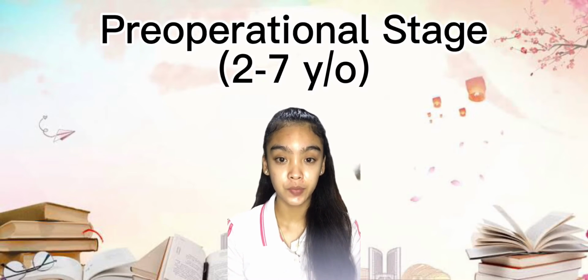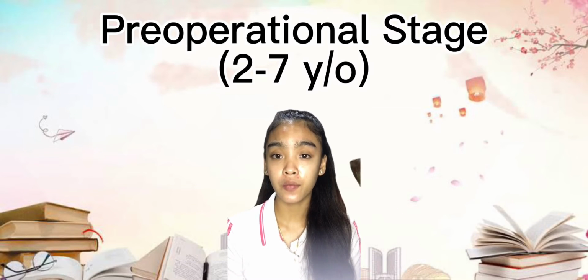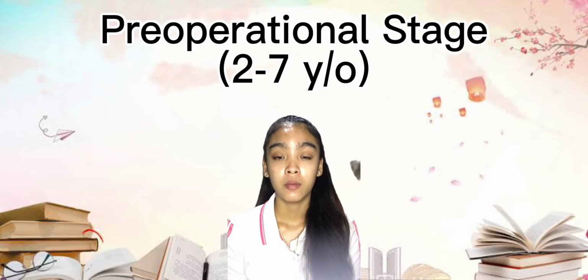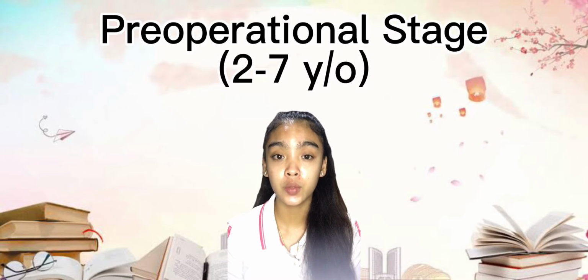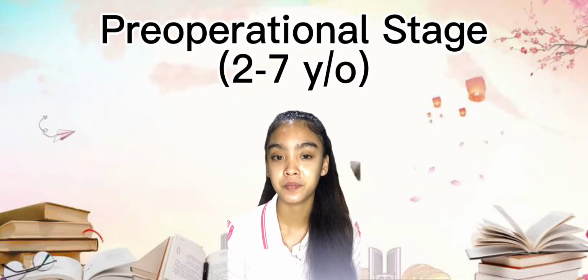The second stage is the pre-operational stage. The foundation of language development may have been laid during the previous stage, but the emergence of language is one of the major hallmarks of the pre-operational stage of development.